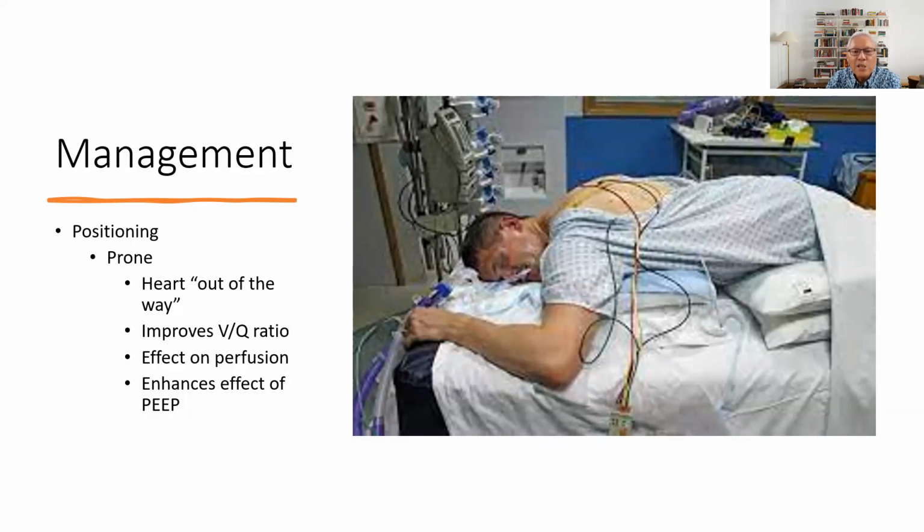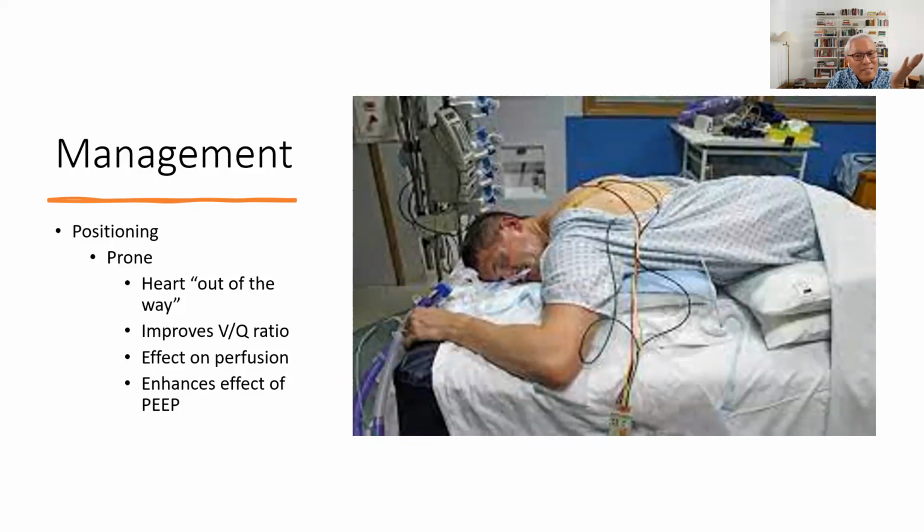So this is very important, that we position the patient in a prone position. And this is usually a challenge because if the patient has a ventilator, it is going to be very difficult to move them from the traditional supine position to a prone position.